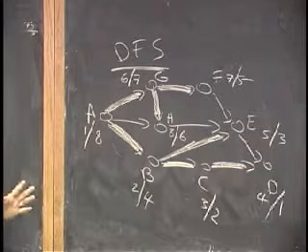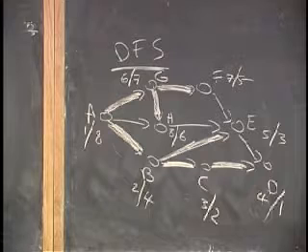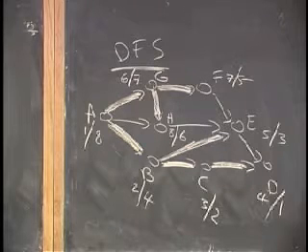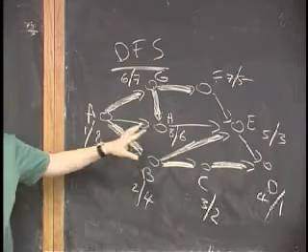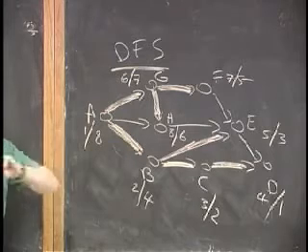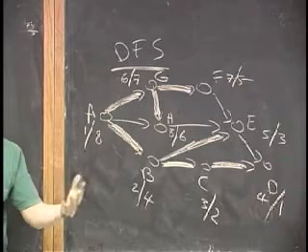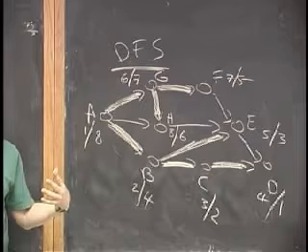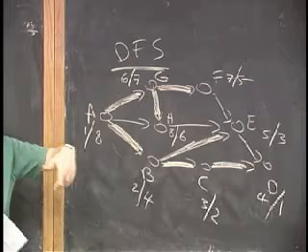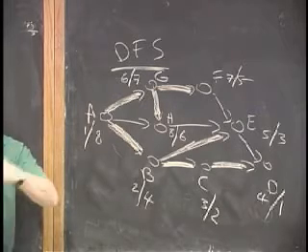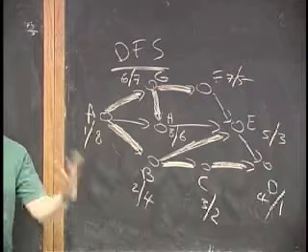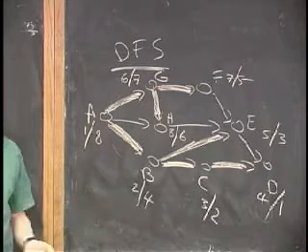Now, it's terminology that is helpful because a book will talk about it, but I should just say one thing. When you're talking about a graph without directions on the edges, then there's only two kinds of edges: tree edges and back edges. There's no forward edges, there's no cross edges, because there's no direction. So either you got a tree edge or you got a non-tree edge, which is called a back edge.